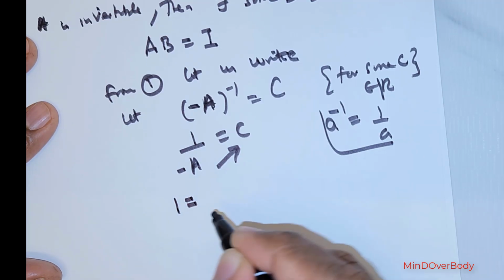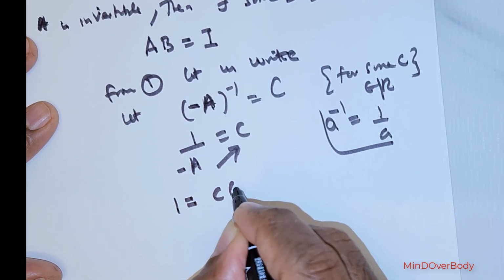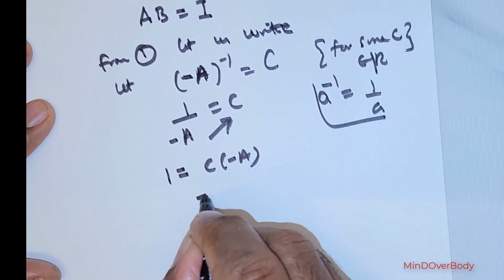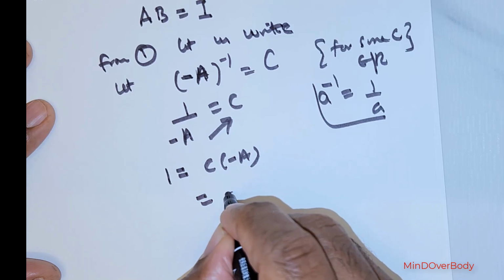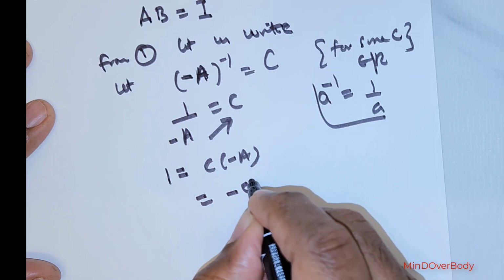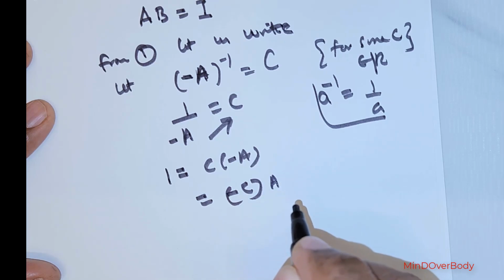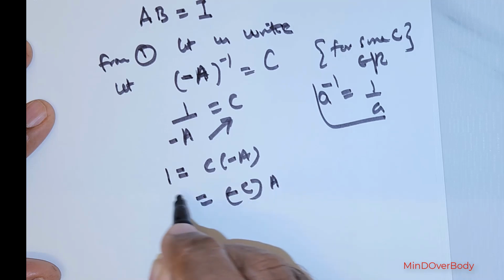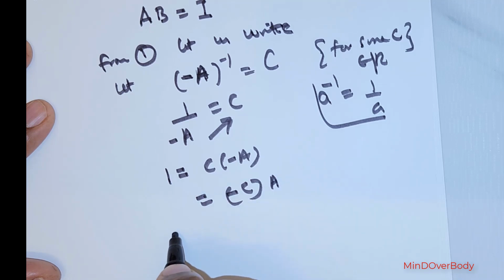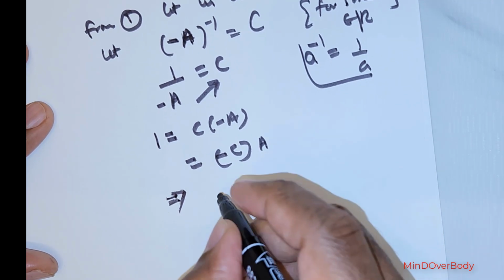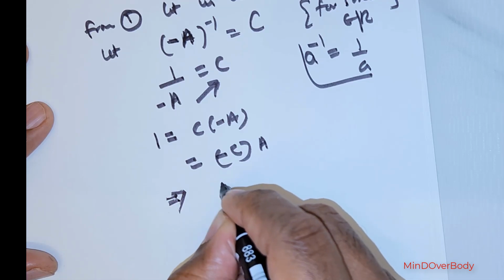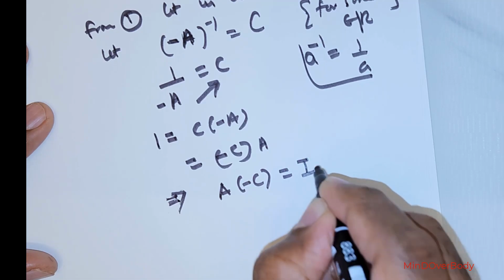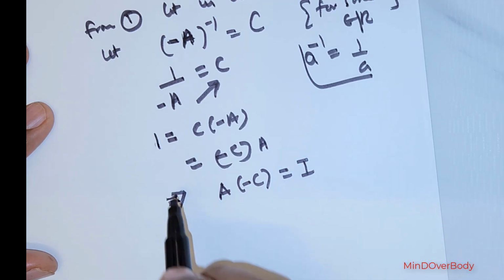I'm going to write 1 is equal to C times negative A. Then I'm going to rewrite this as negative C times A. Now clearly this is actually going to be rewritten as A times negative C being equal to I, because we are producing I here.